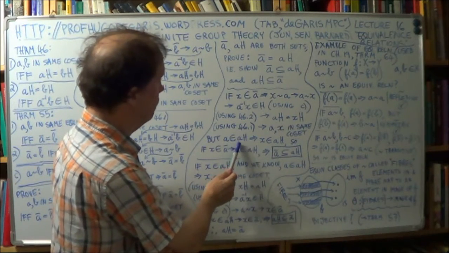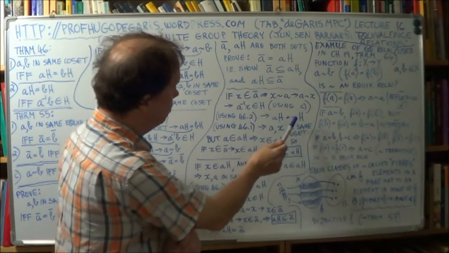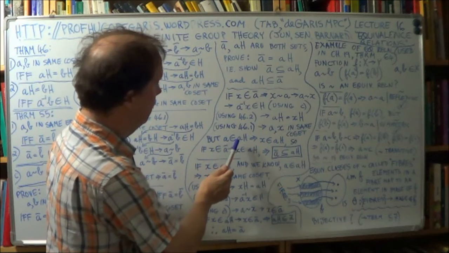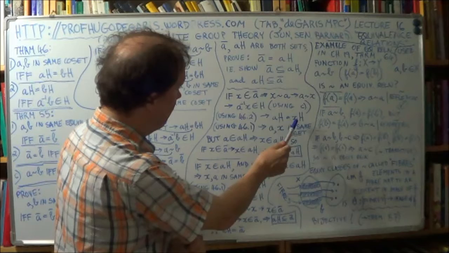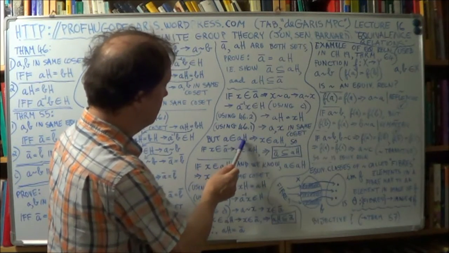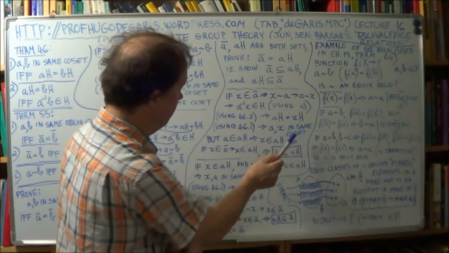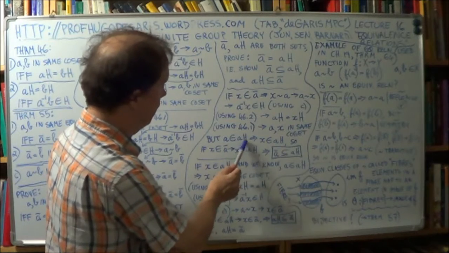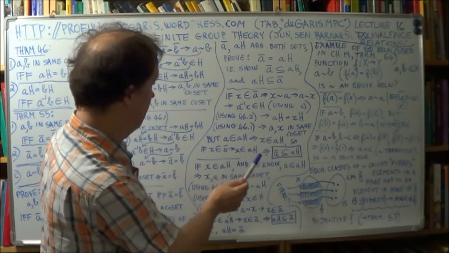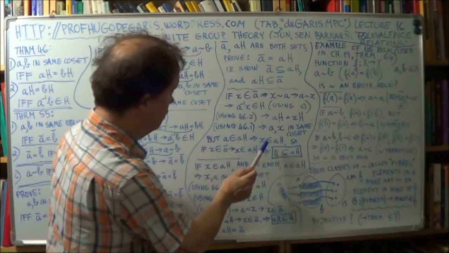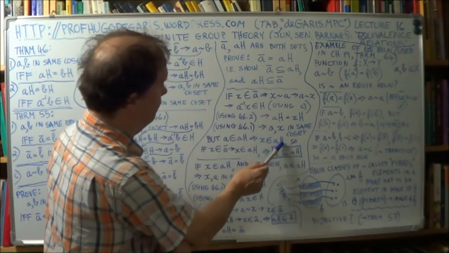Right? A belongs to its own coset. But AH is equal to XH. Therefore X, if A belongs to AH, and A and X are in the same coset, therefore X belongs to AH. Okay? Alright. So we've now shown that X belongs to AH.